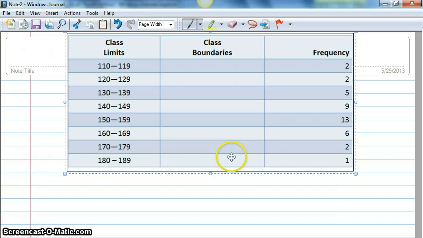Now, 119.4, you might look at that number and say, well, it's closest to 119, so it should go in the first class. And that's true, but the reason why is because of the class boundaries. The class boundaries give us ways of closing the gaps between class limits so that they truly are non-overlapping and exhaustive.